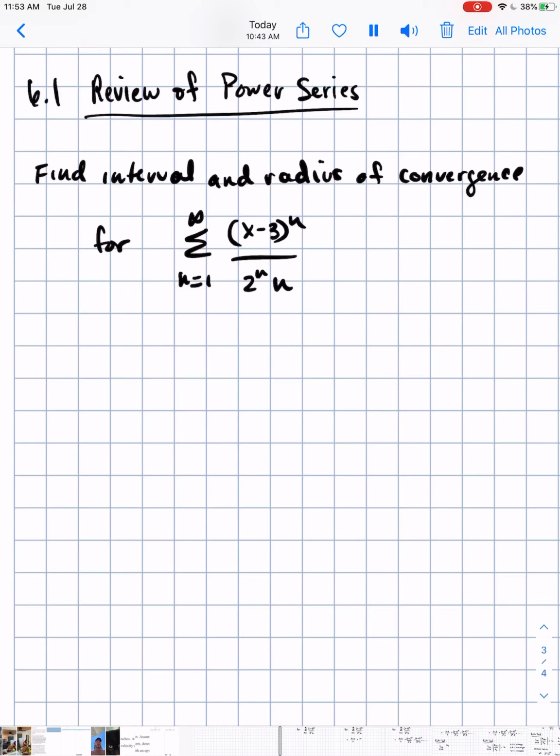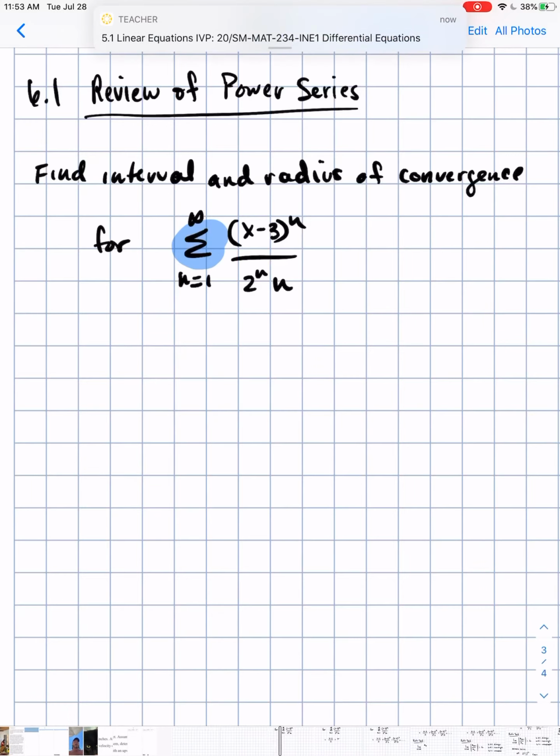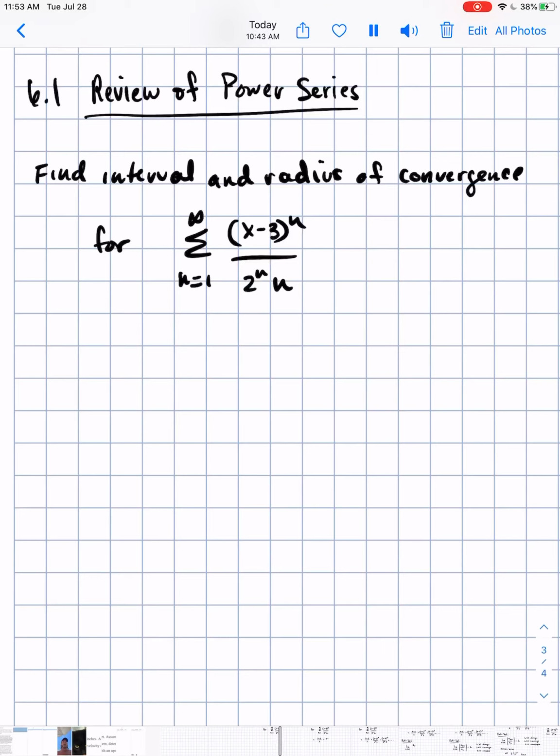Okay, now just to go over a couple things, this notation here just means it's the sum of all the values after you plug in. So you're starting to plug in 1 for n, then 2 for n, then 3 for n, and so on. So this series is going to look something like this.